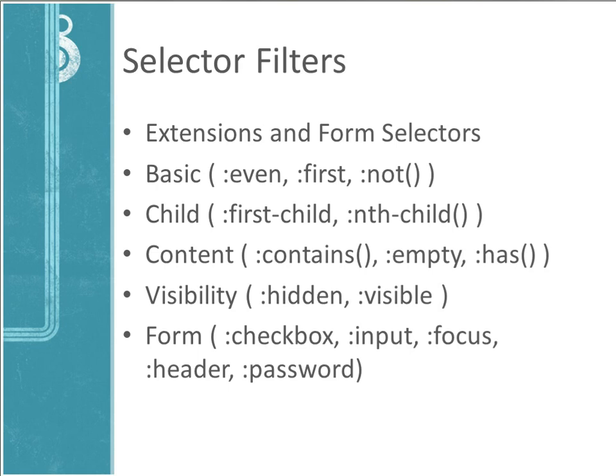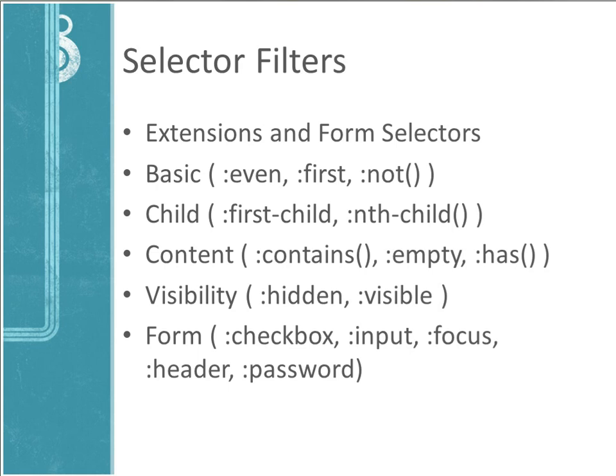And then we've got basic select filters, things like :even, find all the even things. The :first, which again, we saw a selector method first. We'll see the selector filter first and how it differs. A :not, which is effectively saying find me things that don't match this particular pattern. And then we've got child selector filters, where first-child and nth-child are examples of that.